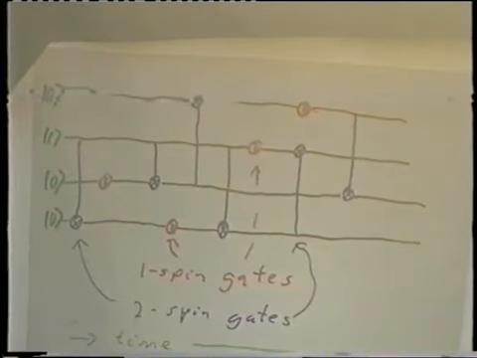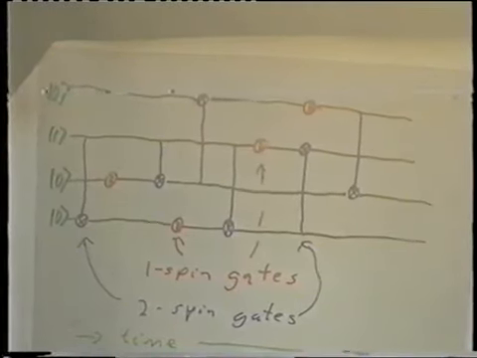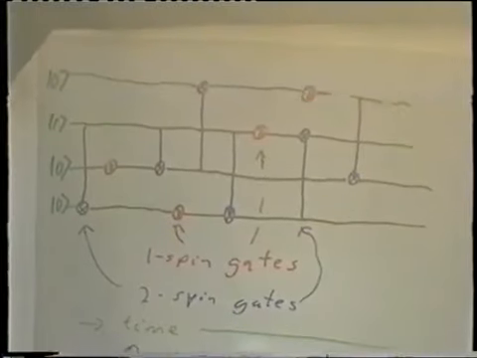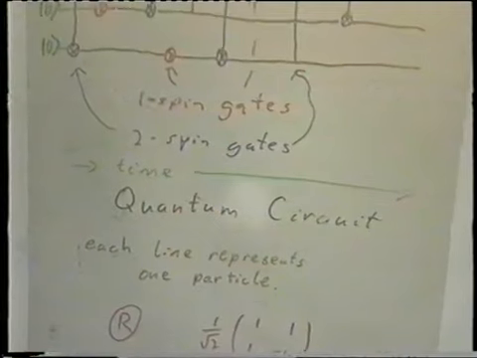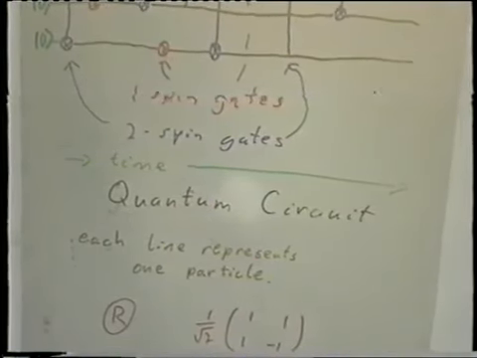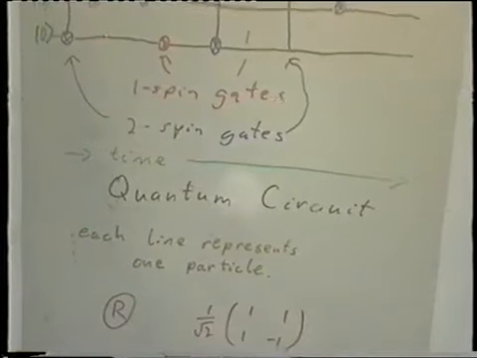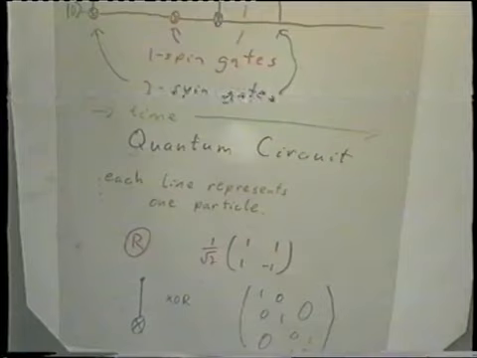We said quantum mechanical transformations were just matrices. So a transformation is just going to be a 4x4 matrix for a 2-spin gate, or 2x2 for a 1-spin gate. As soon as we apply something across a 2-spin gate, these two qubits become entangled and they no longer have a definite value.